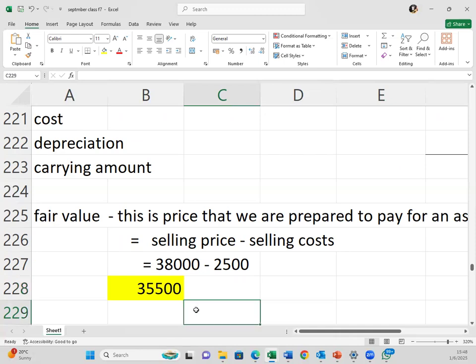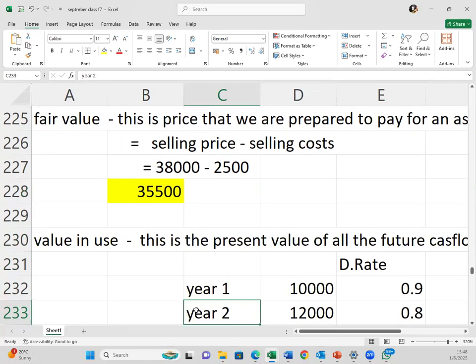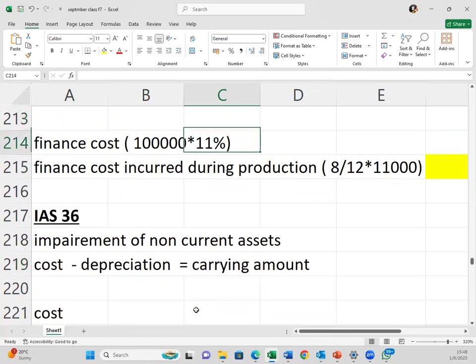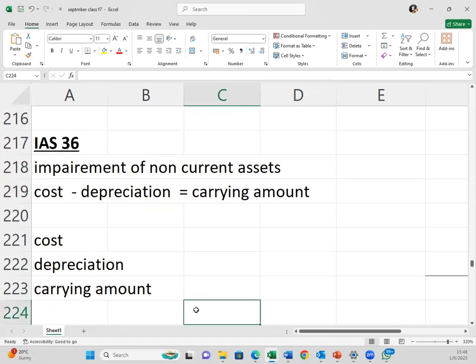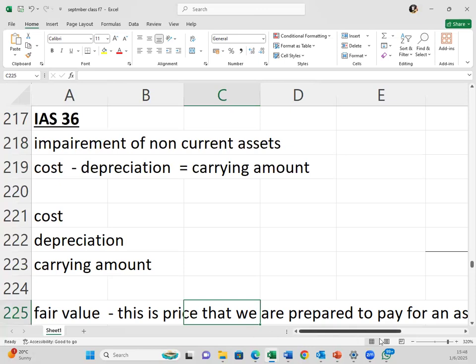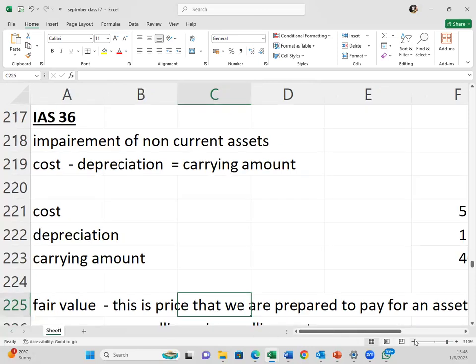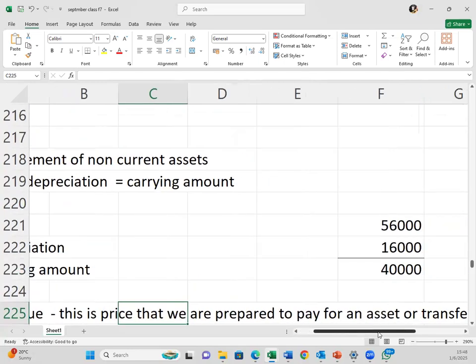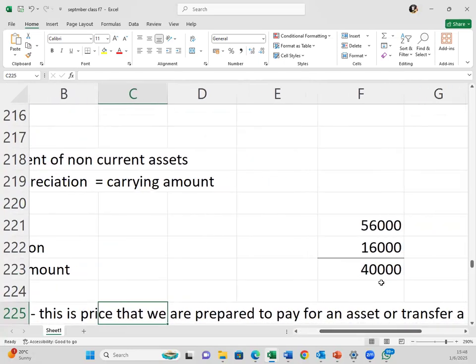We realize they are willing to pay 35.5 for the asset. But in our books, we have recorded this asset at what carrying amount? In our books, the carrying amount for the asset is 40,000. But if we go into the market right now, the maximum that someone is willing to pay us is 35.5.